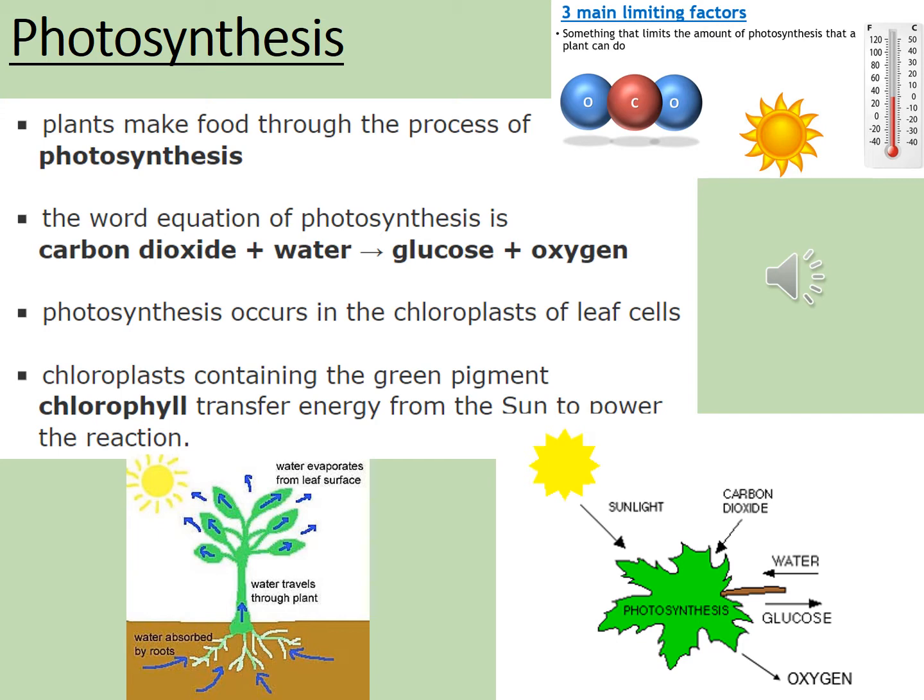Notice the photosynthesis equation is the direct opposite of the respiration equation. As plants give out glucose and oxygen, that's useful to us. It occurs in the chloroplasts of leaves, and this is where the green pigment chlorophyll transfers the energy. The sun is the power of the whole of this reaction, so it's the main start point.